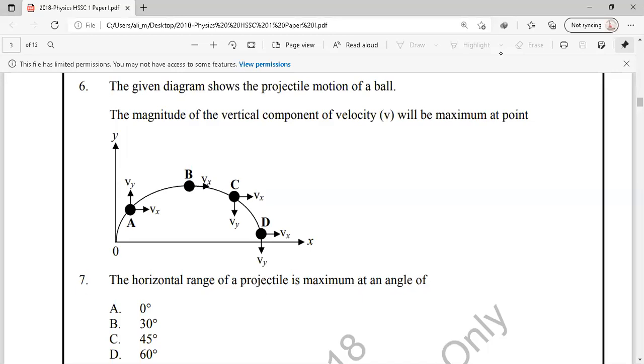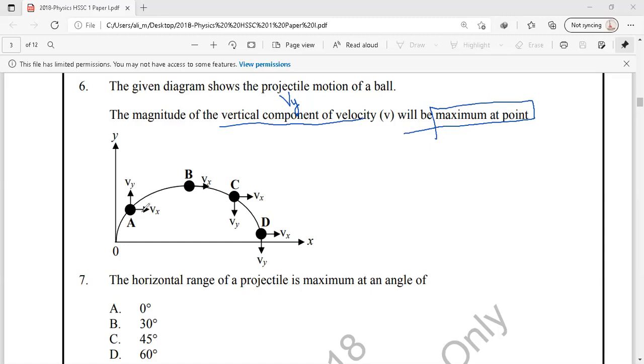Next, we have question number 6. In the given diagram that shows a projectile motion of a ball, the magnitude of the vertical component of velocity will be maximum at which point? हमें बताना है कि वर्टिकल कंपोनेंट ऑफ वेलोसिटी, दैट इज vy, किस पॉइंट पर फ्रॉम A, B, C, D किस पॉइंट पे वर्टिकल कंपोनेंट मैक्सिमम होता है.